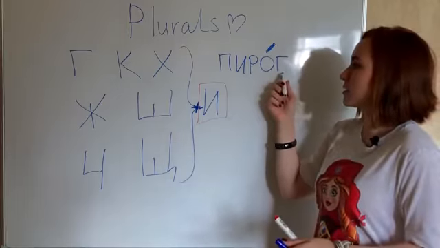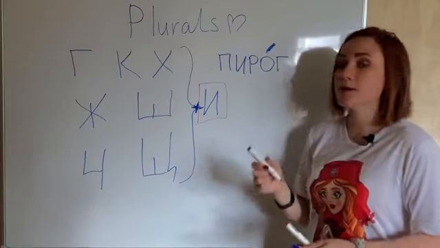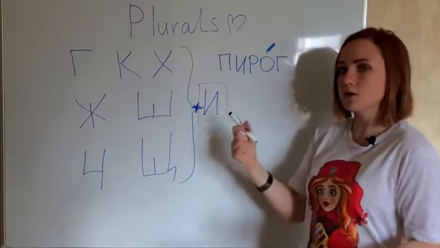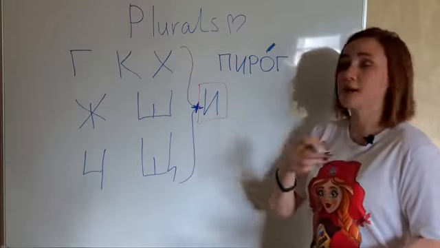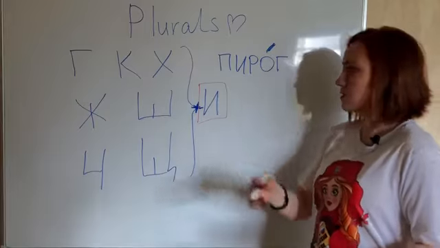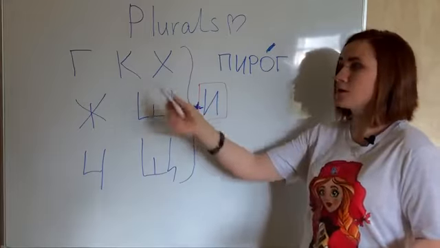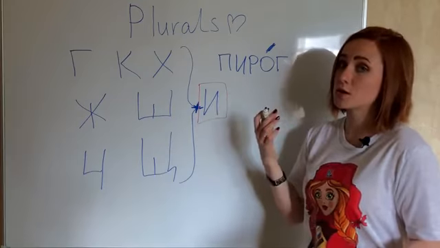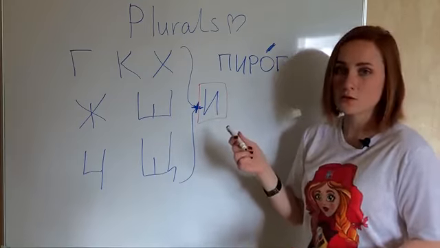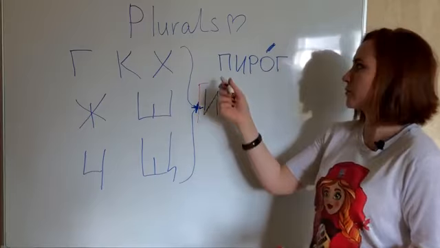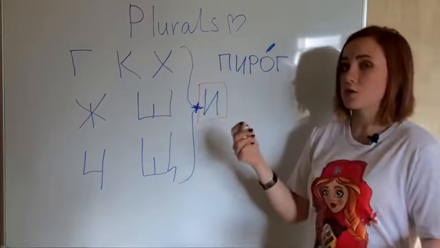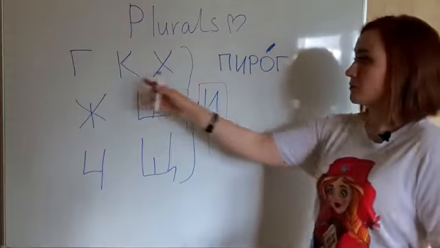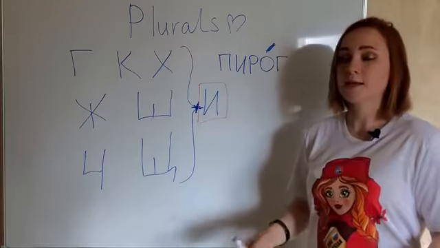If we have a hard, voiced consonant in the ending, the g, it becomes unvoiced. So g turns to a quieter k. Пирог. Don't say pirog with a hard g. Don't scare people around you. Пирог, right? And what do we do? We add E.